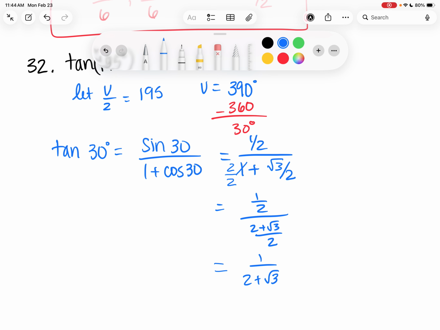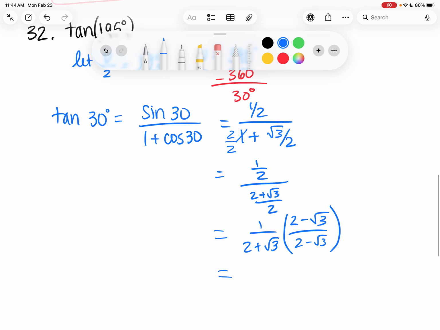Then to get the root off the bottom, I multiply by the conjugate, 2 minus root 3. I would get 2 minus root 3 over 4 minus 3. Obviously that's just 1, so this ends up being 2 minus root 3.